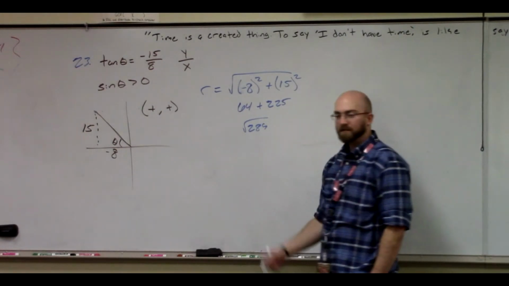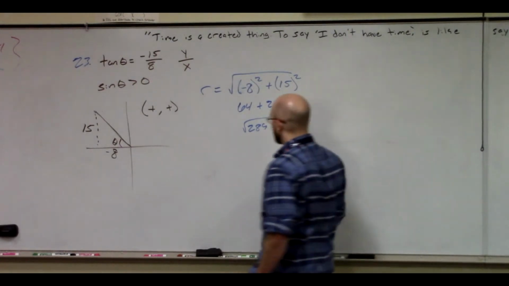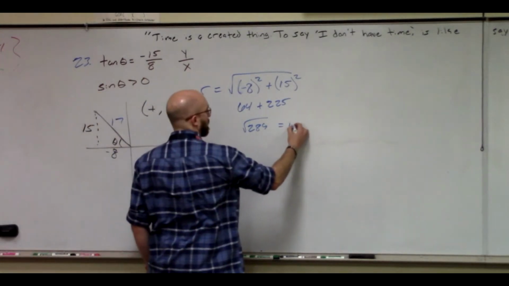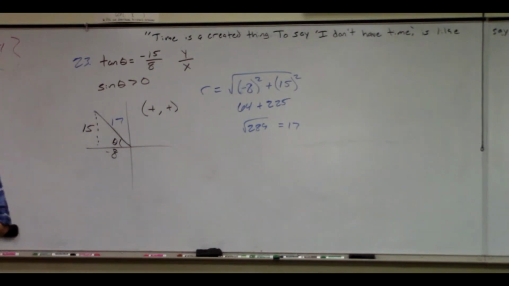I think it's 17, so let's do one more check. All right, so it's 17. Rule of thumb, your r can never be negative. Your r is your radius, so it can't be negative. It doesn't equal 0 either, so it's greater than 0.